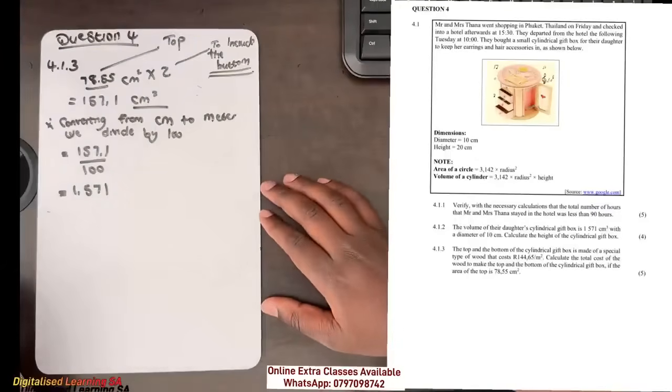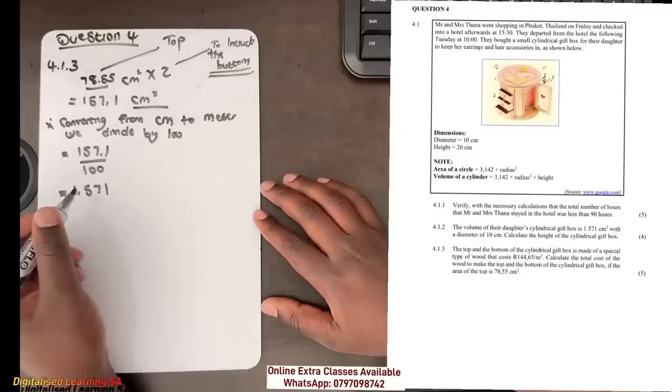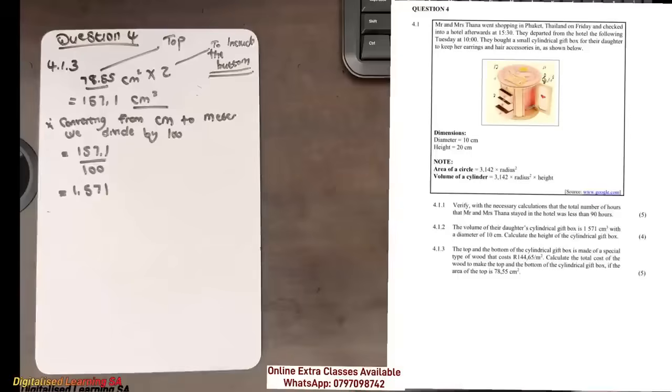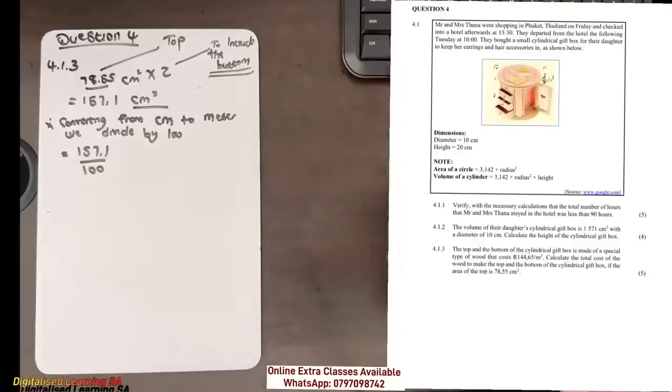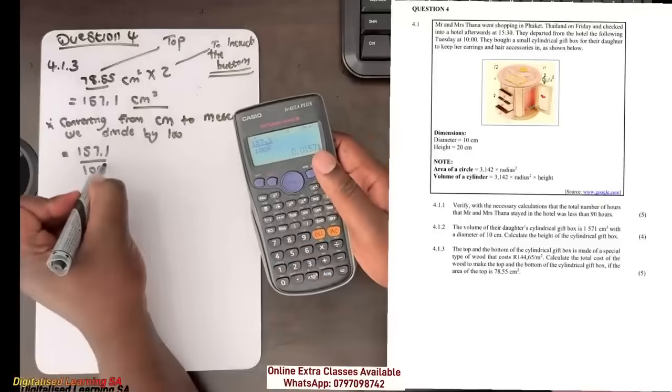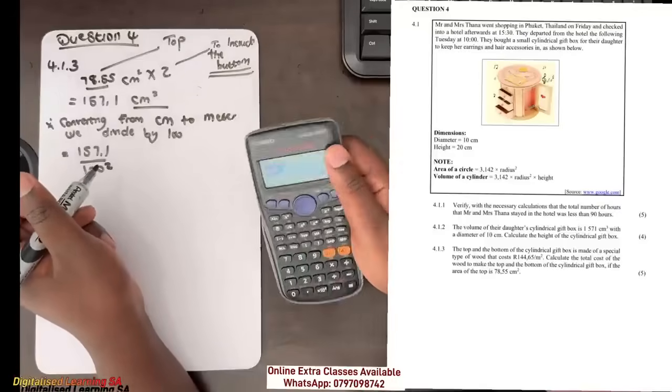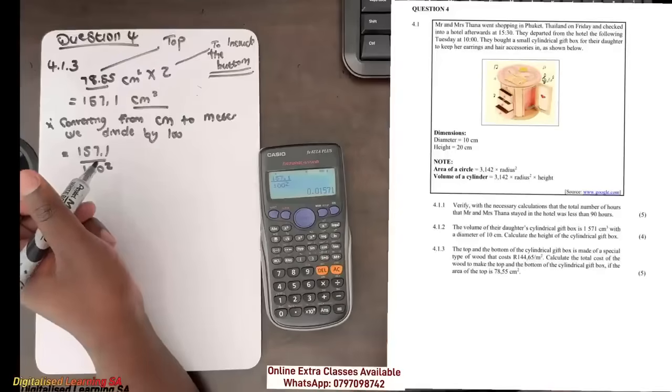To get the total cost, we need to say, wait, let's see what we need to do. So I think we made a mistake here. Let's double check this. So it's 157.1 divided by 100 to the power 2.